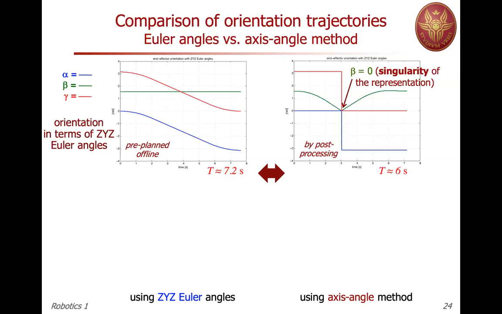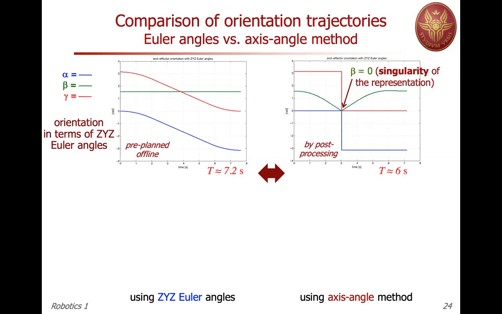And when we get out of the singularity, we have a switching of the values because of how we are computing things. In fact, we always have 2 solutions. So we enter with one solution and we exit from a singularity with another solution, which is pi. In fact, the red line goes from pi to 0, the blue line from 0 to minus pi, while beta recovers an intermediate value.